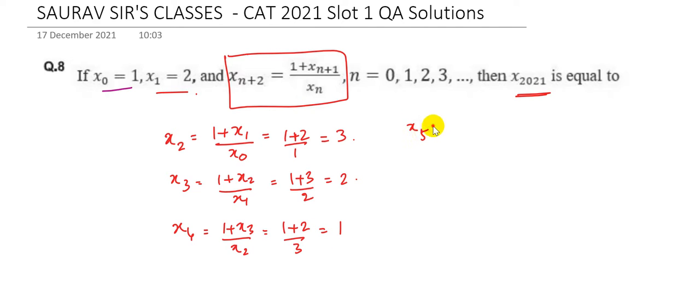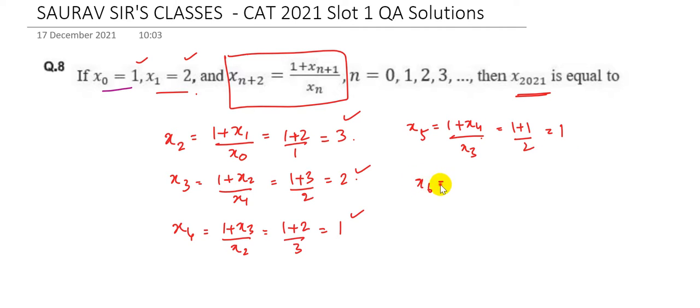x5 will be 1 plus x4 by x3, which is 1 plus 1 by 2, which is 1 again. So that means we can see a pattern emerging, which is 1, 2, 3, 2, 1, and then we come back to 1 again.